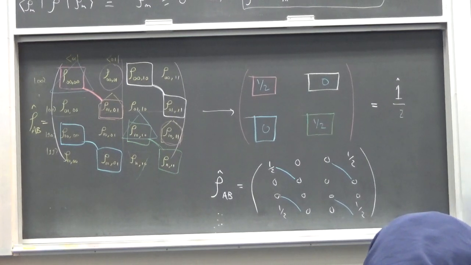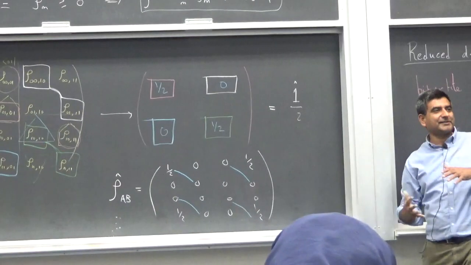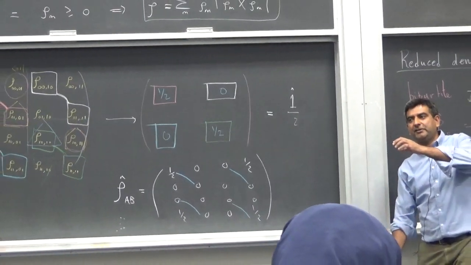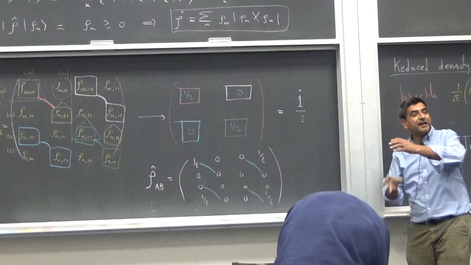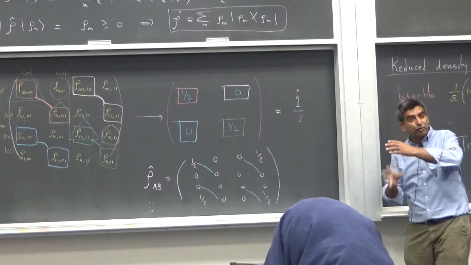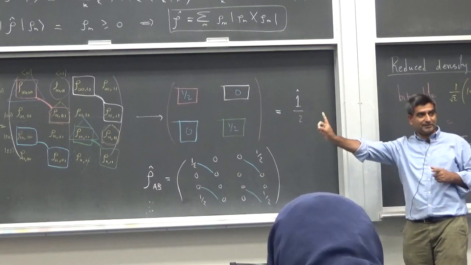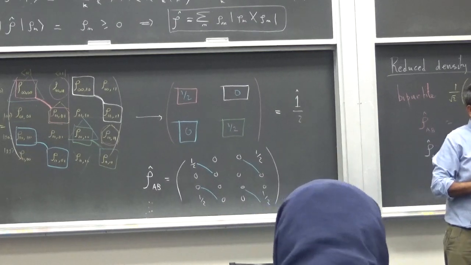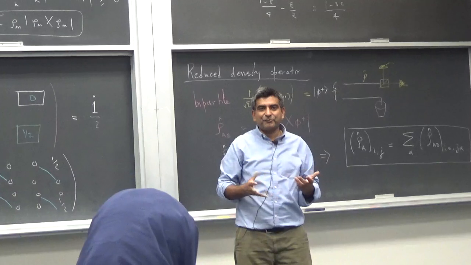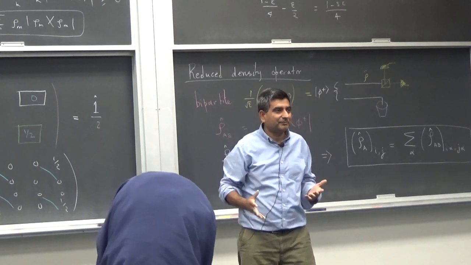But initially, the 2-qubit state that entered the system was perfectly aligned, or perfect. It was pure. It was not random at all. It was a pure quantum state. Its purity was 1. But when just a subsystem is observed, the purity turns out to be 0.